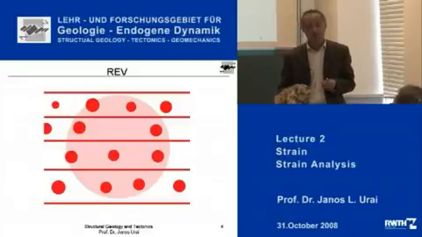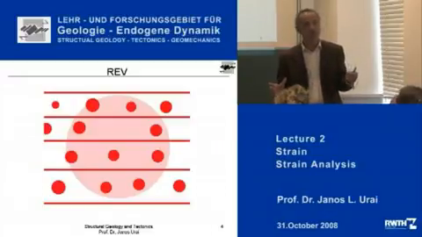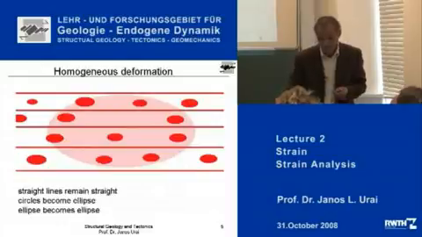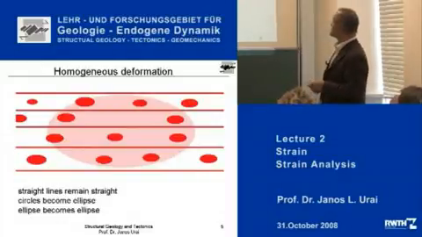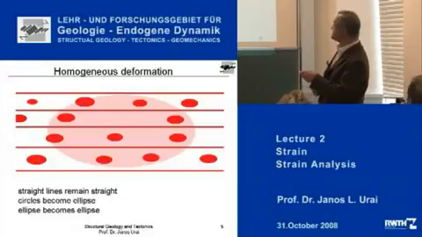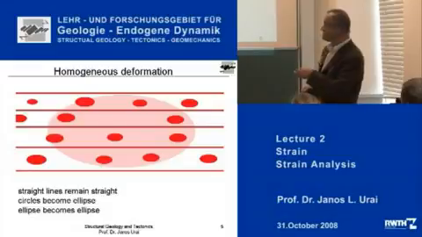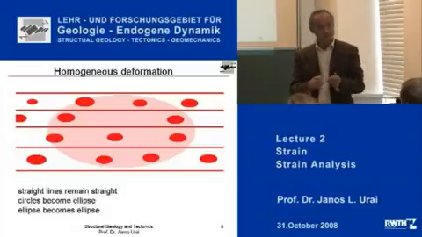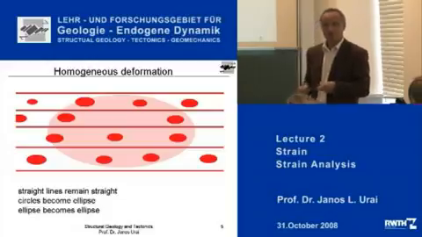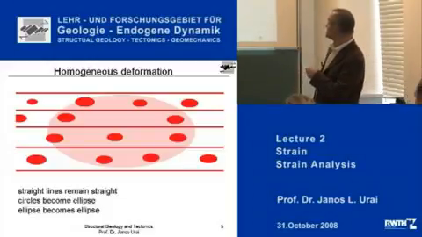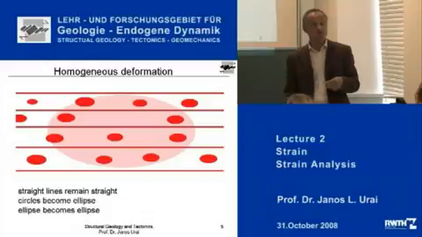And now I'm going to deform this homogeneously. Okay. What you see is that every circle becomes the same ellipse. The big circle becomes an ellipse which has exactly the same aspect ratio as the small circles. And you can clearly see that this deformation is homogeneous, because this is true for every ellipse.